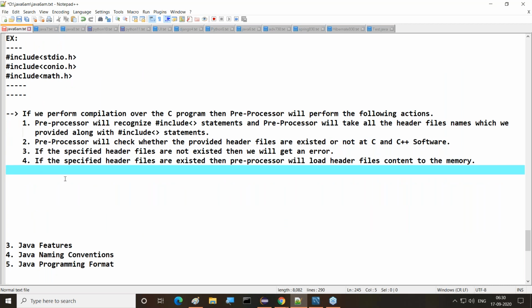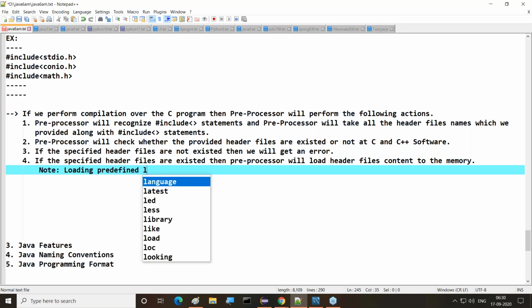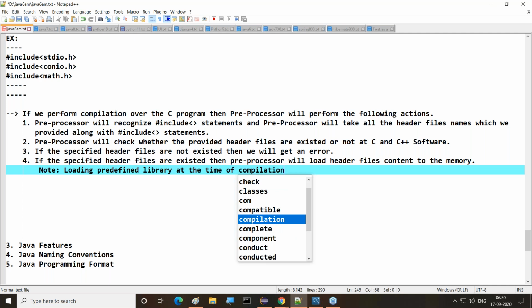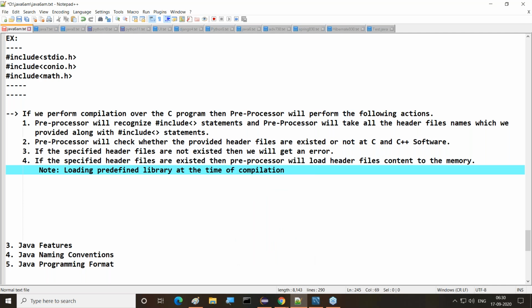All of you observe carefully. Here itself, I want to say one note. Loading the predefined library at the time of compilation. The total process happens at the time of compilation.